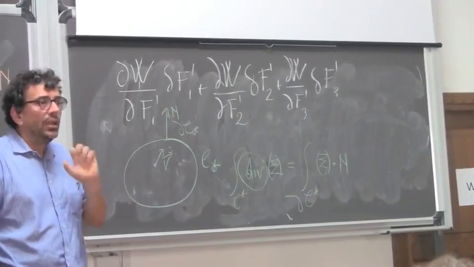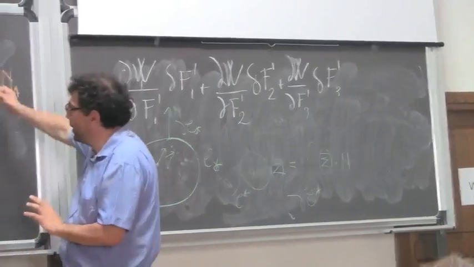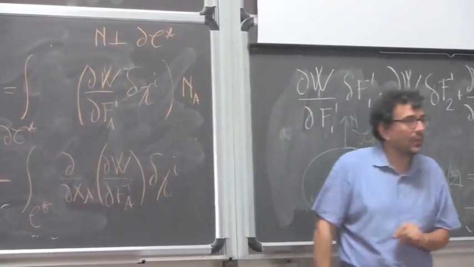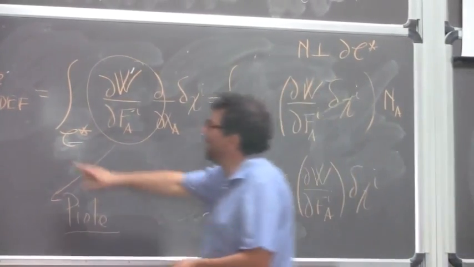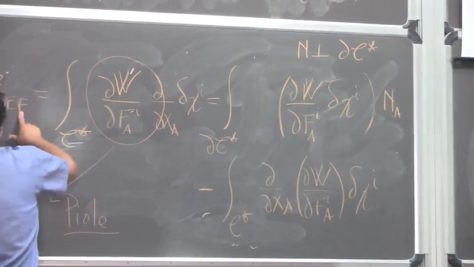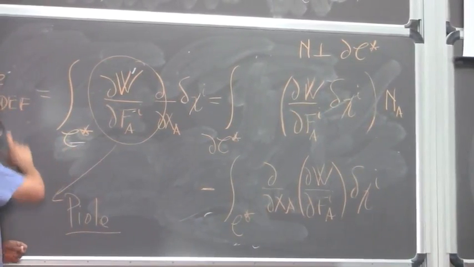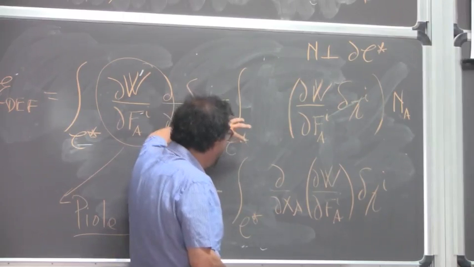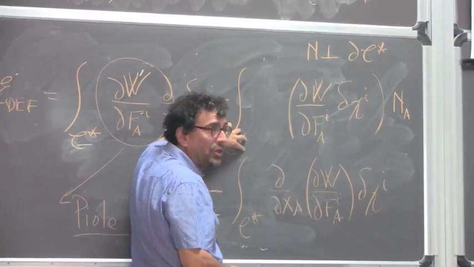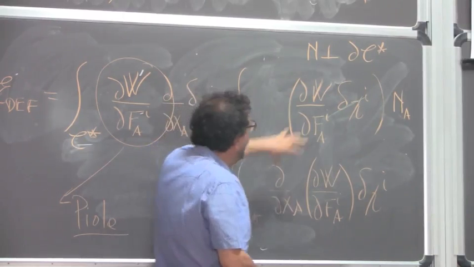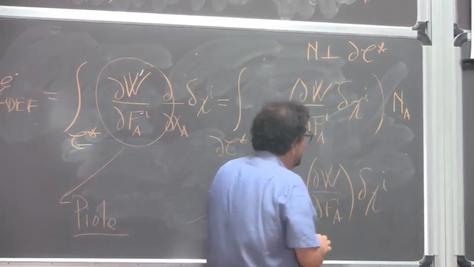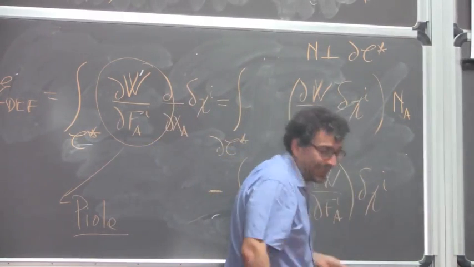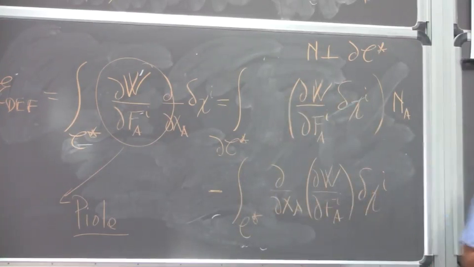Okay? Now, let us look at what we got. We got that the first variation of deformation energy is equal to the integral on the surface of something times delta Ti and the integral in the volume of the solid of something times delta Ki. I can change the order.